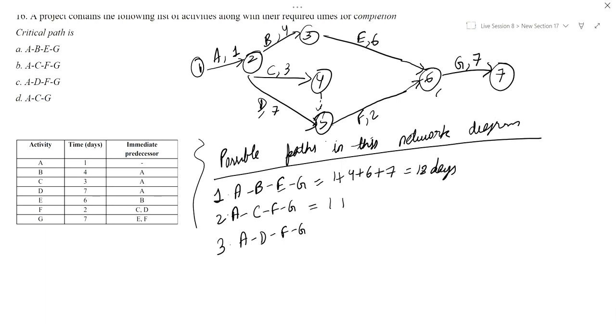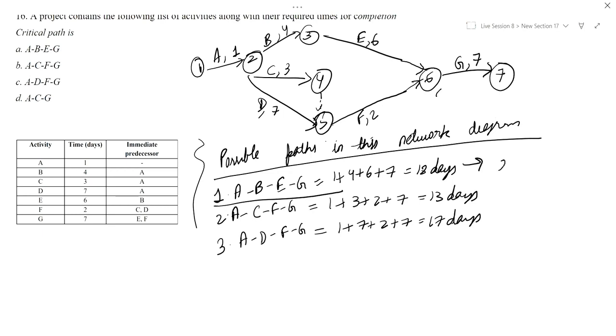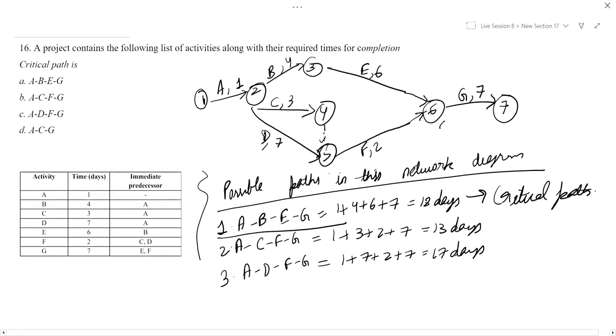This becomes 1 plus 3 plus 2 plus 7, 13 days. This becomes 1 plus 7 plus 2 plus 7 is equal to 17 days. The maximum duration is taken by the ABEG path. So this will be the critical path. The correct option is A, ABEG.